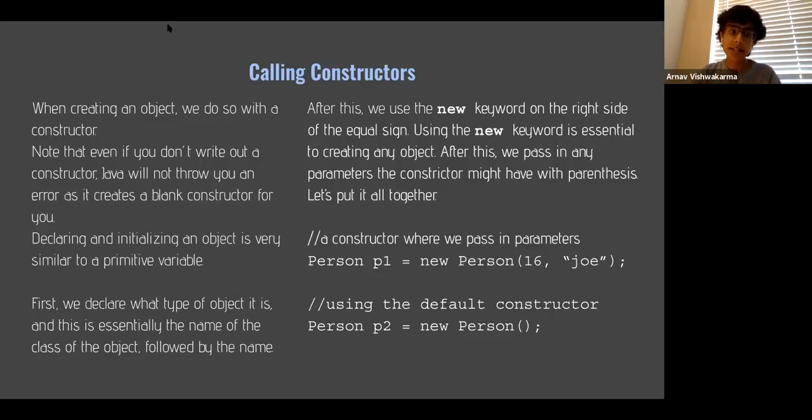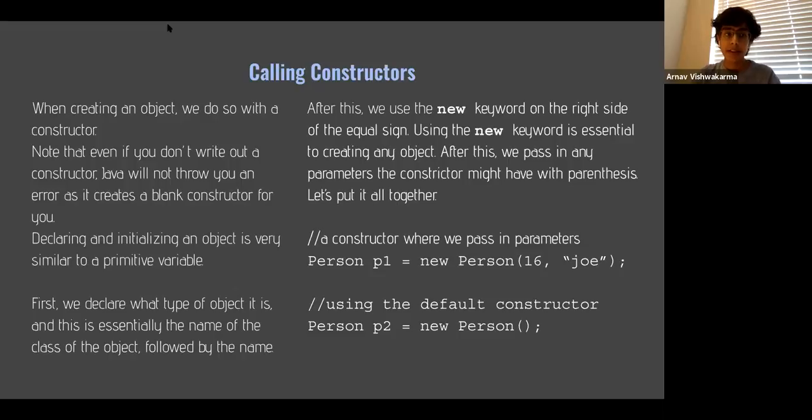When we're declaring and initializing an object, it's very similar to declaring and initializing a primitive variable, with a few differences. Taking a look at it step by step, the first step is we declare what type of object it is. This is the name of the class of the object, followed by the name of the variable that we want to give it. After that, we add the equal sign, as we do with primitive data types.